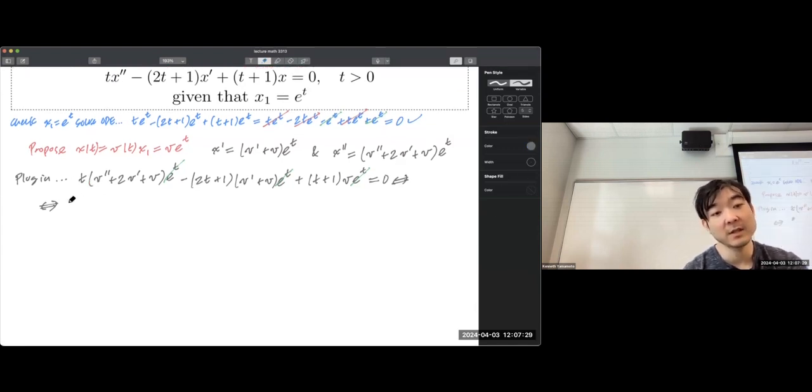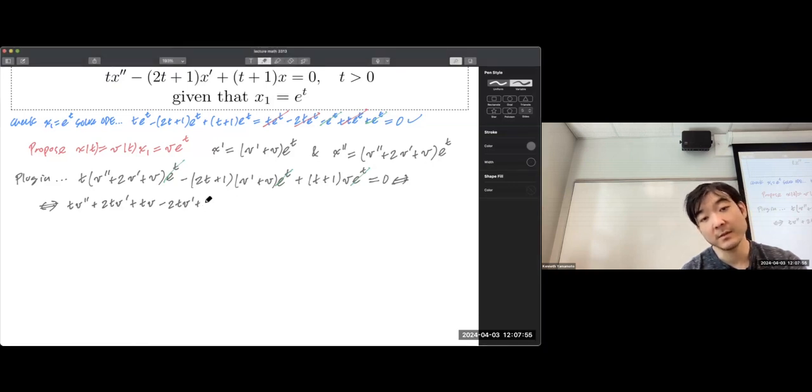So you have t v double prime plus 2t v prime plus tv. Then this you have to FOIL. So it'll be negative 2t v prime, and then 2t times this.